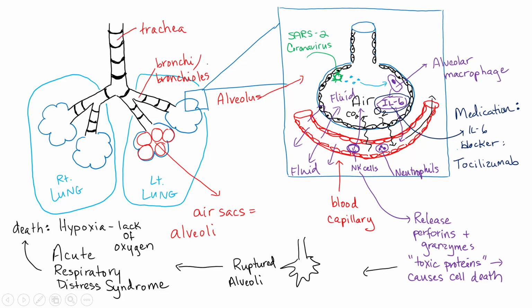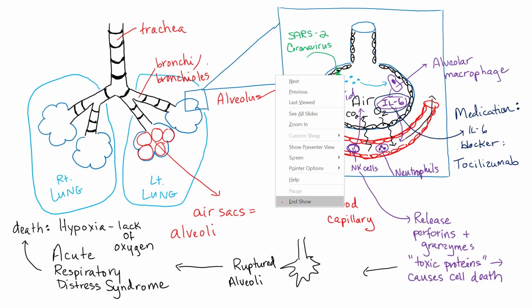So maybe that gives you a little bit of insight into the severity of COVID-19 and why there are a lot of precautions and a lot of things happening in our world right now trying to prevent more people from coming in contact with this virus. And that's all for now.